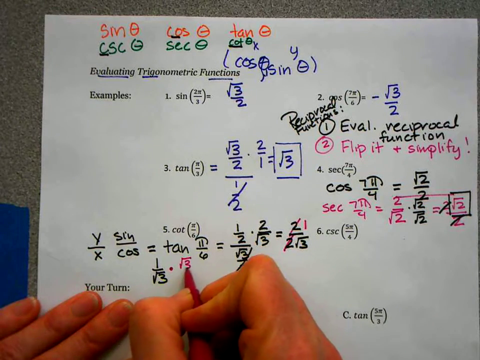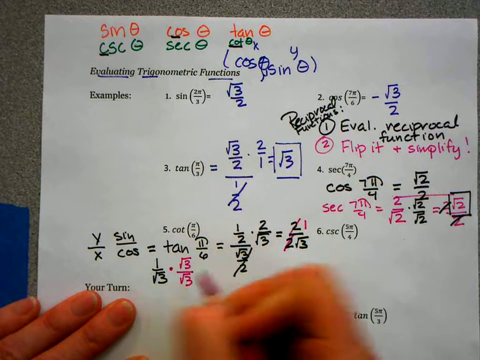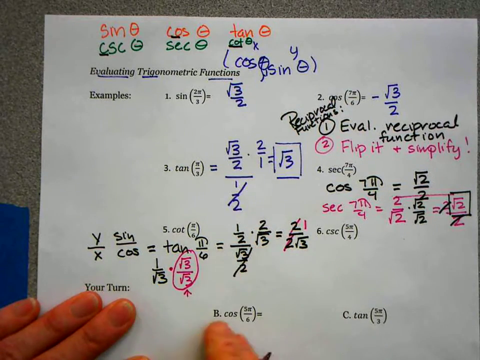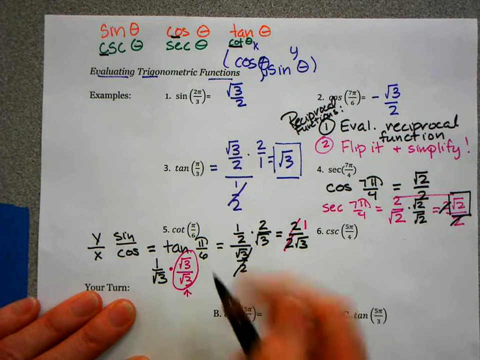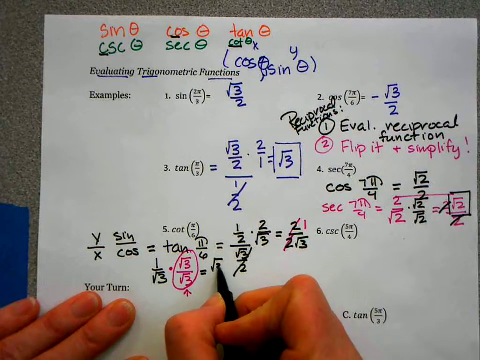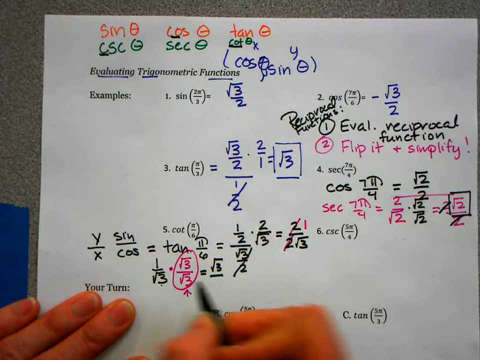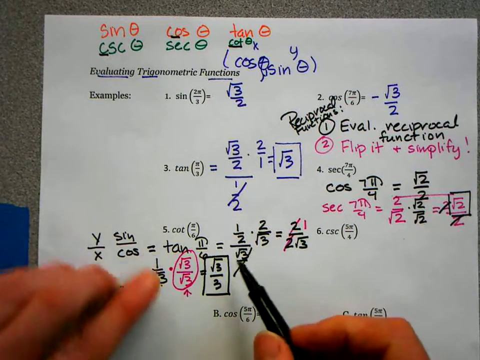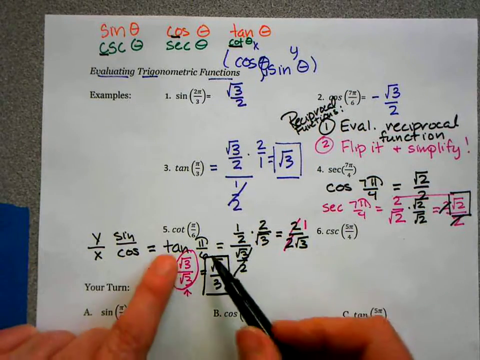This is a 1, right? So it doesn't change the value of the fraction. It just changes the form of it. Multiply straight across. And I get 1 times radical 3 is radical 3. When you multiply a radical times itself, you get 3. Now I shouldn't have boxed it in because that's just the tangent.